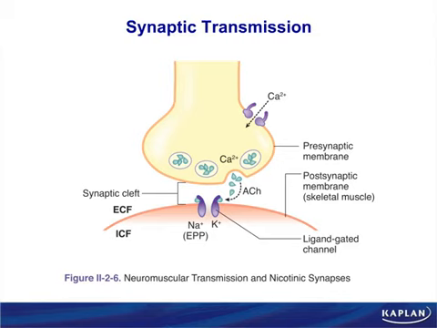All right, big key point. Normal physiology: if you get an action potential in the alpha motor neuron, you get an action potential in the skeletal muscle cell. It's a one-to-one relationship. Action potential alpha motor neuron, action potential skeletal muscle. You release enough acetylcholine, in other words, enough calcium comes in to get enough acetylcholine out, and you have enough available nicotinic receptors that you're going to take the skeletal muscle cell to threshold.